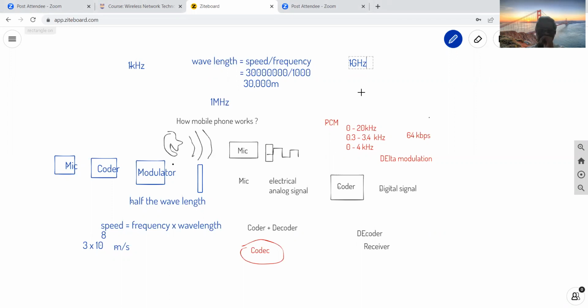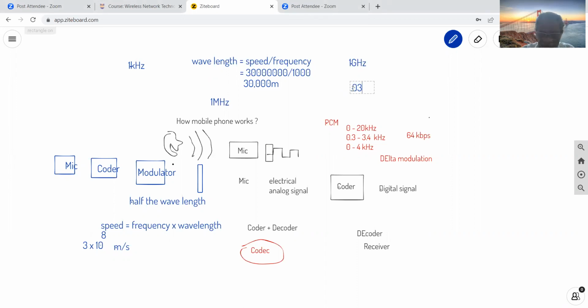What should be the antenna length? 1 into 10 to the power 9, then it comes as 0.03 meters.